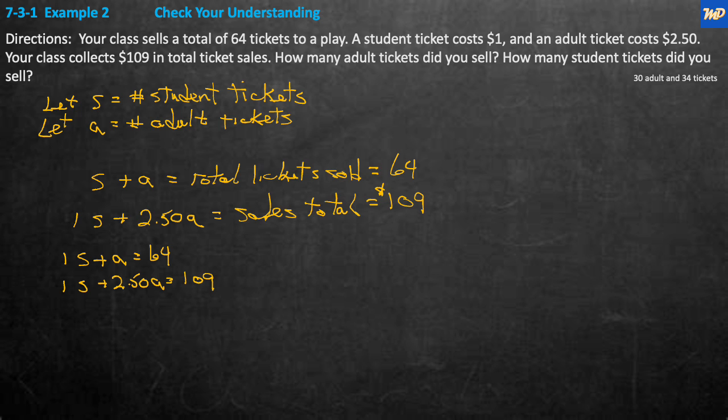In order to do that, we can just subtract the two equations, right? So let's subtract them. I'm going to put parentheses around this, and we're going to end up with a negative sign right here.